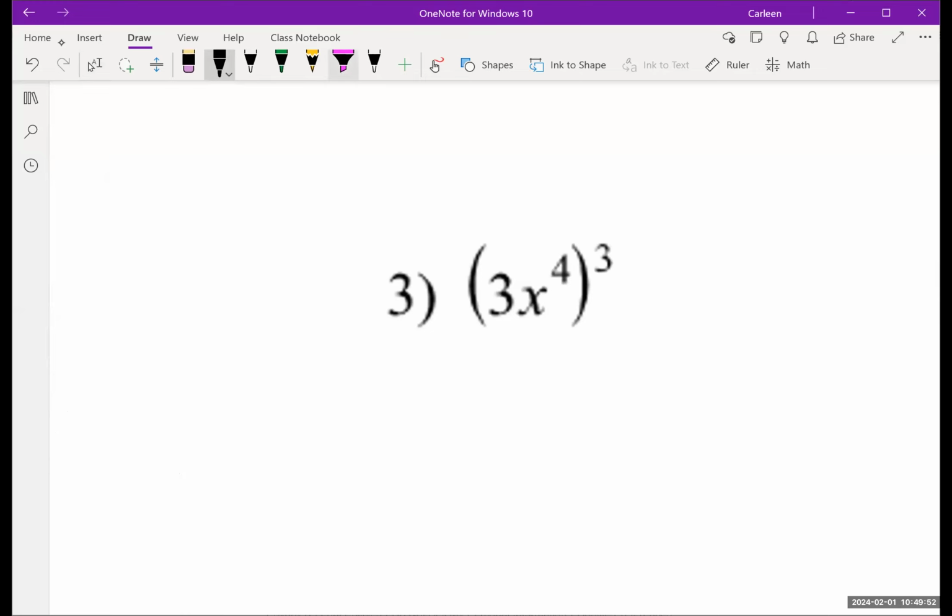This exponent applies to both the coefficient and the variable. So we're going to apply it to the coefficient and apply it to the variable.